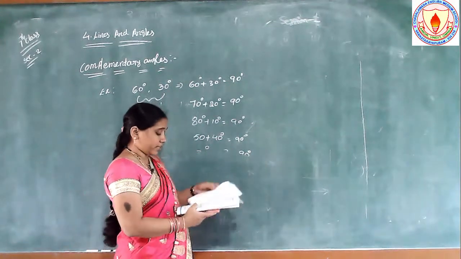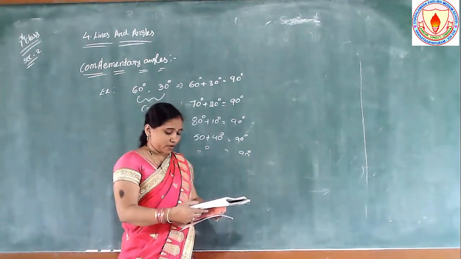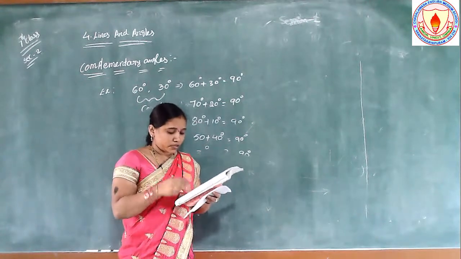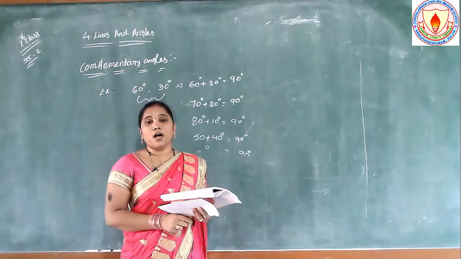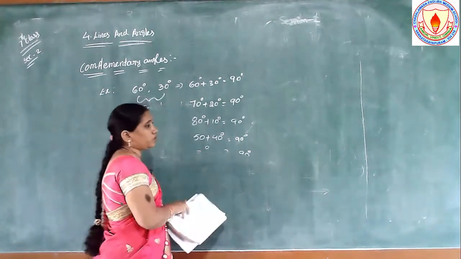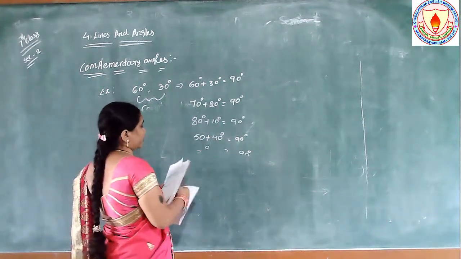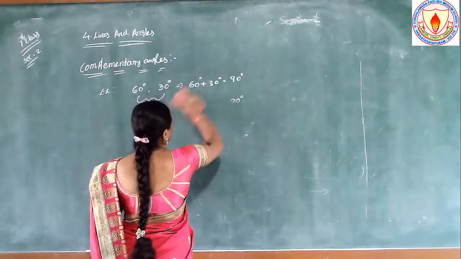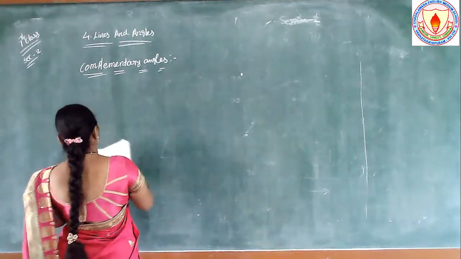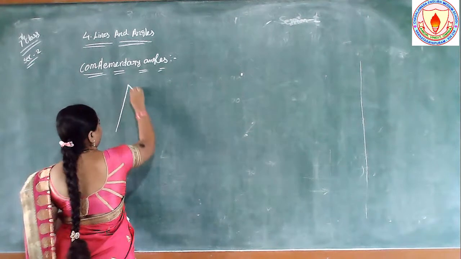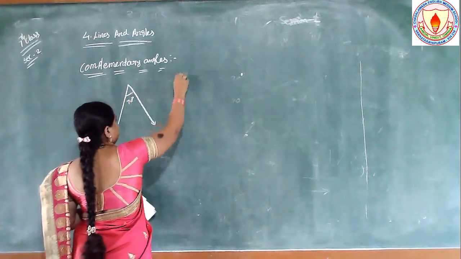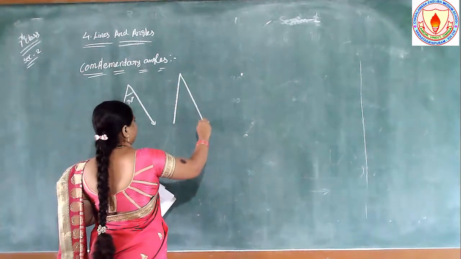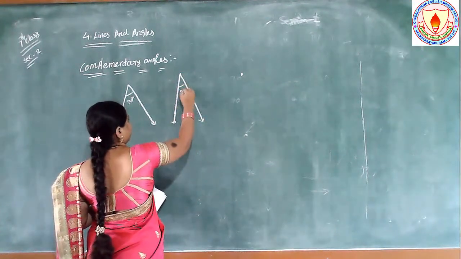When we observe the textbook, page number 70, you have the definition. See, the sum of two angles equal to 90 degrees is called complementary angles. How to draw complementary angles: if they are given like this, suppose this is 70 and this is 20.